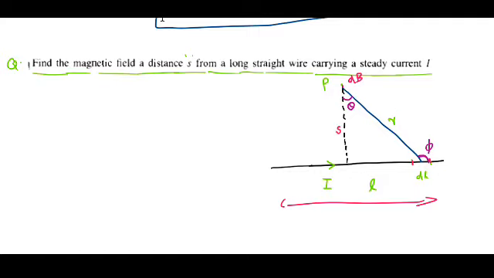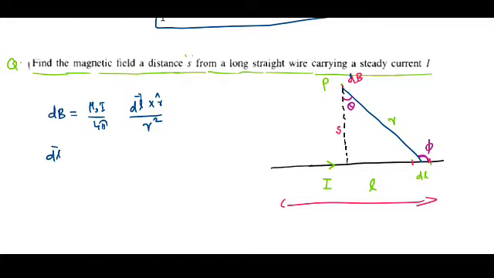Magnetic field at a distance r due to the small length of the wire is given by dB is equal to mu 0 I by 4 pi in dl cross r cap divided by r square. Fine.